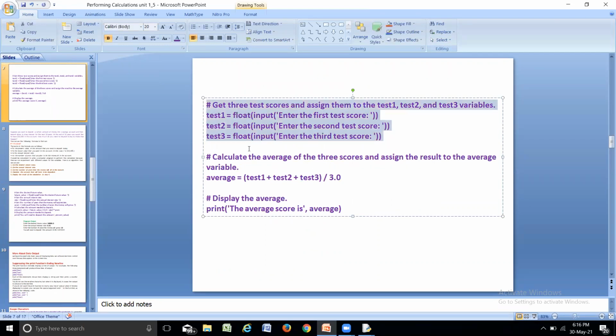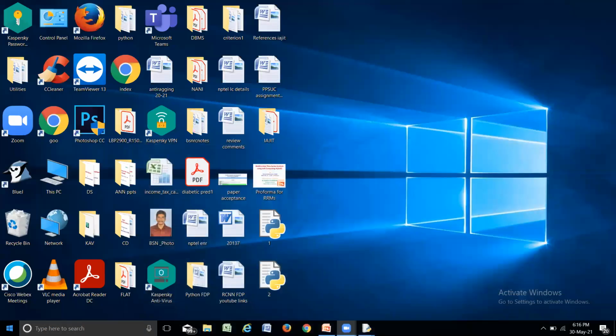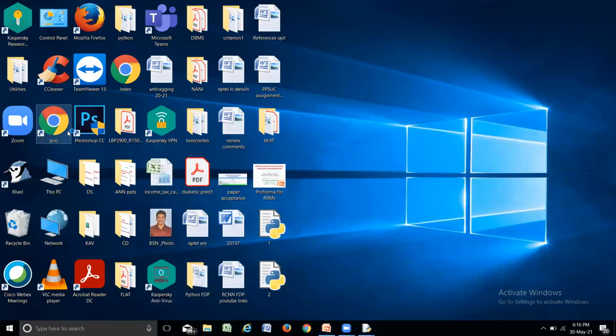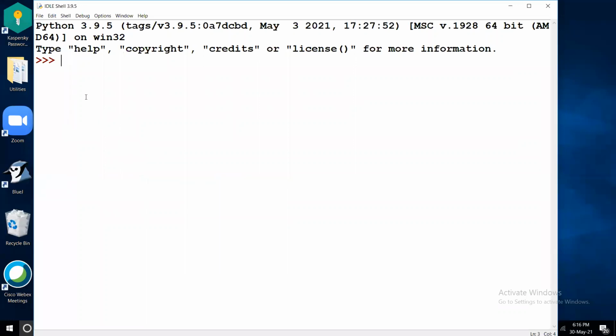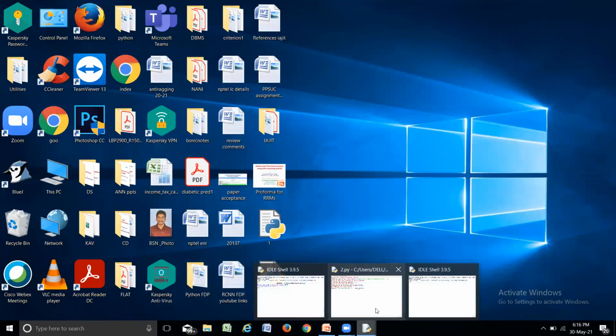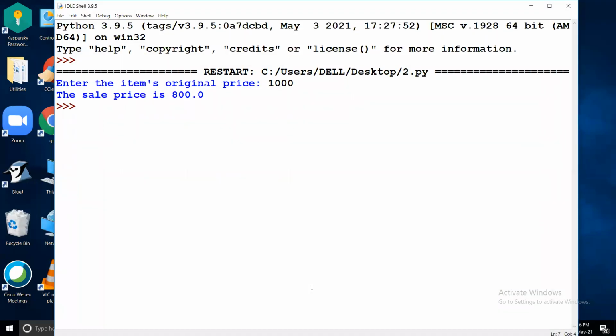Let me copy this. I'll open IDLE to see how this can be run. We use the same file which I have used earlier.